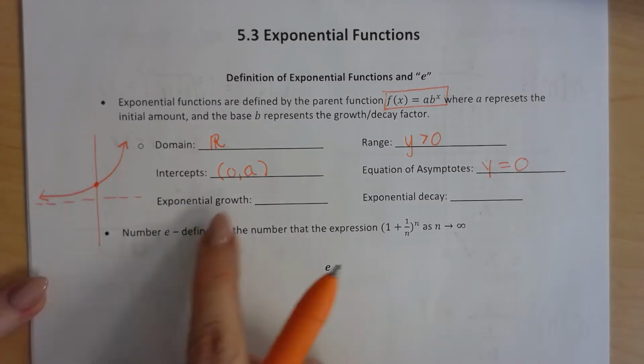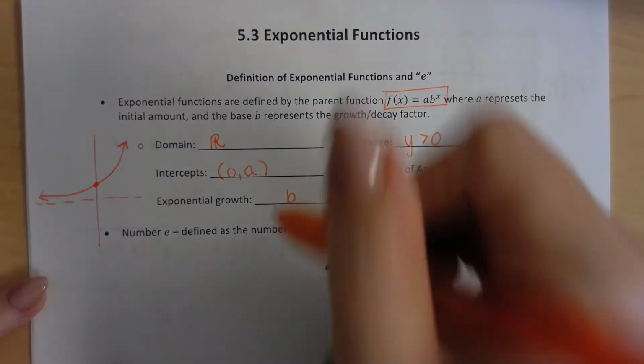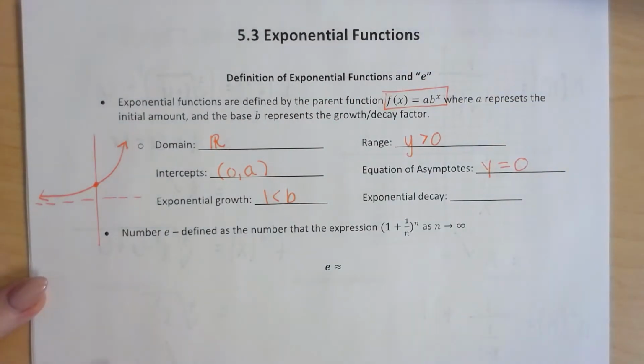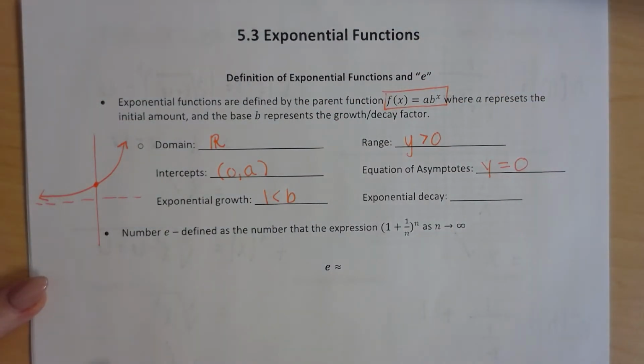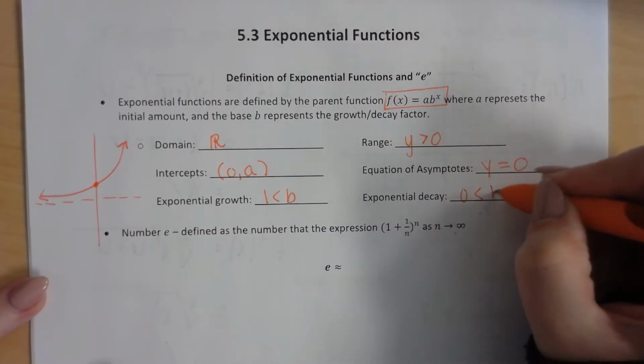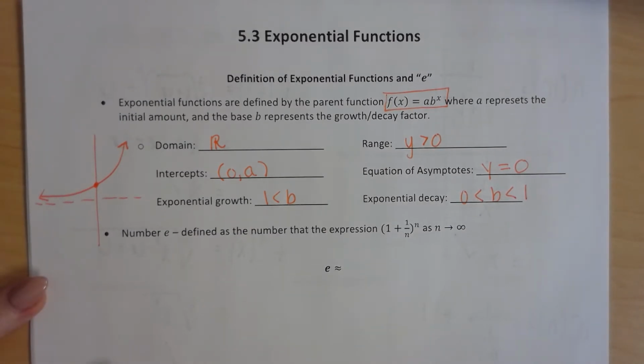Exponential growth is when the factor b is greater than 1. Okay, so a number greater than 1. And exponential decay is when b is between 0 and 1, meaning it's a fraction between 0 and 1. That would mean it's decaying.